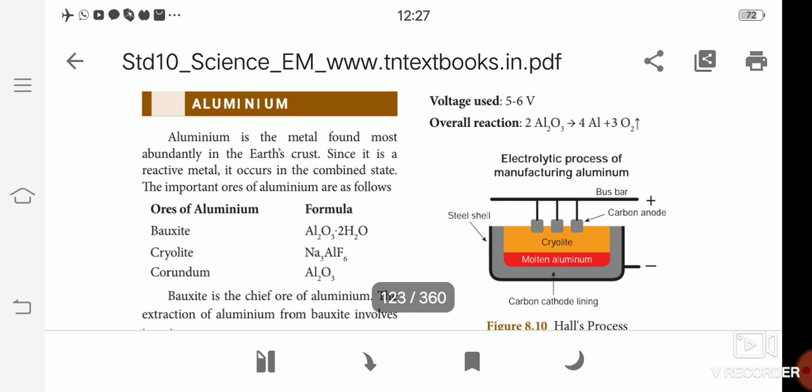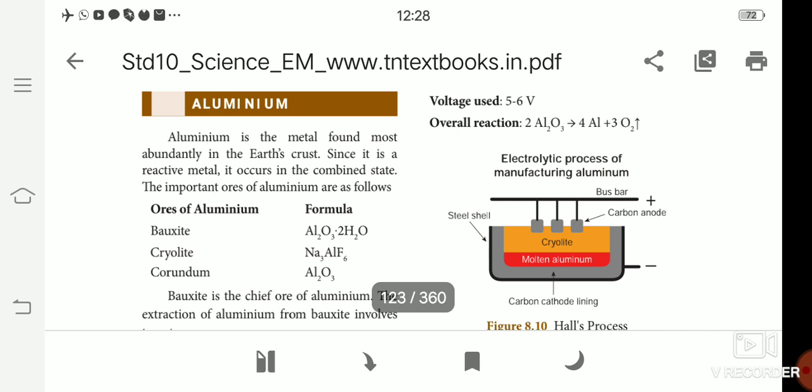So aluminium reacts with sodium hydroxide and water to give sodium meta-aluminate, NaAlO2.